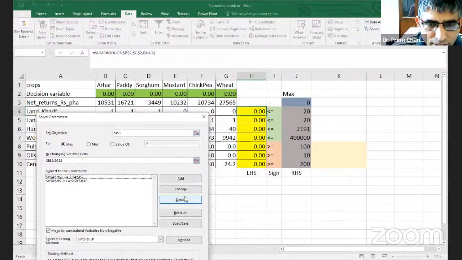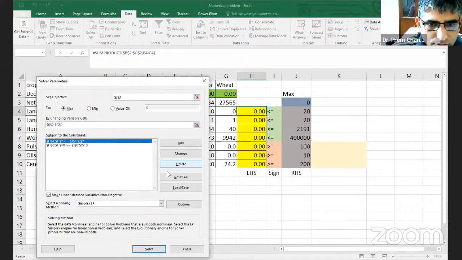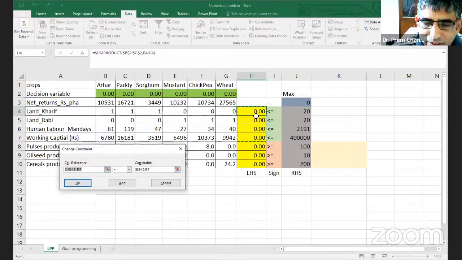Here, I have selected the cell reference H4 to H7.